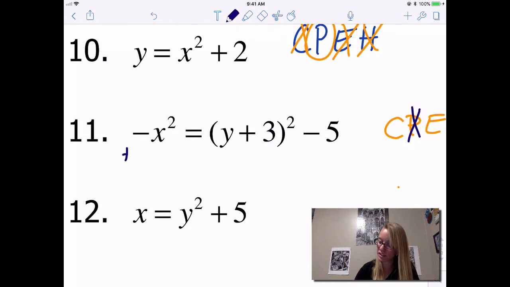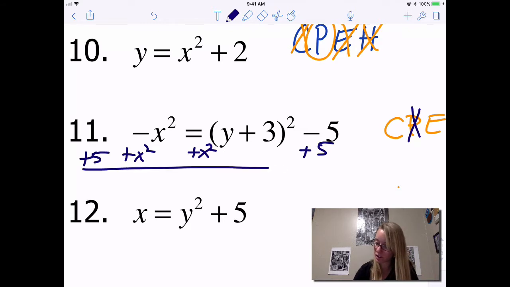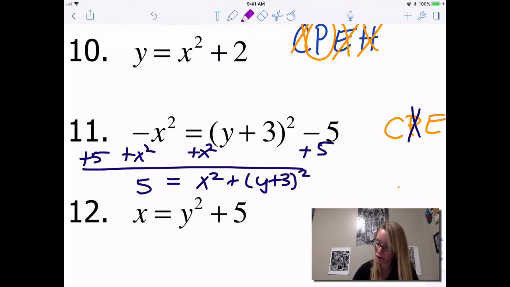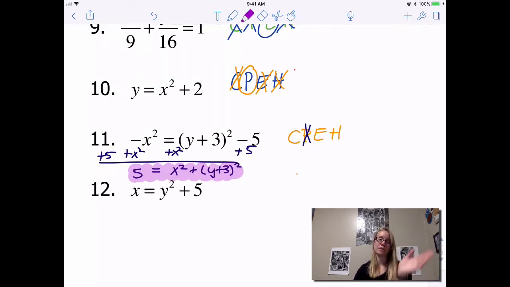So I'm actually going to move this x squared over and also move this 5 just to get it out of the way. So I get 5 equals x squared plus y plus 3 squared. Notice now it looks more like an equation that I can work with. I could even put that 5 on the other side if I wanted. So now it's not a hyperbola because there's a plus in the middle. And both of my coefficients are just 1. So I can get rid of ellipse and it is a circle.